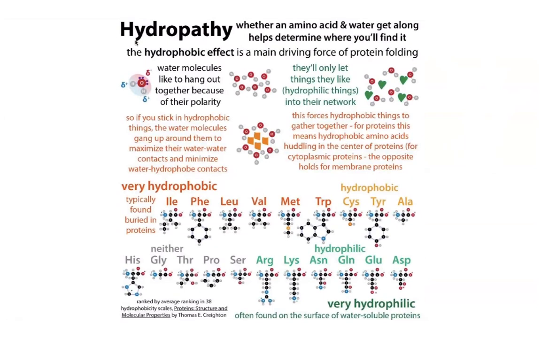Some of them are very hydrophobic, so water is going to exclude them. Some of them are hydrophilic, so water is going to let them into its network. And this is going to be the main driving force of protein folding. We'll get more into that later in the course, but this is all coming from that water exclusion effect, from that hydrophobic effect that, remember, is caused by the water trying to maximize its own entropy and its own favorable interactions.